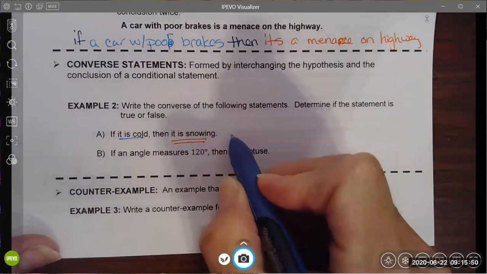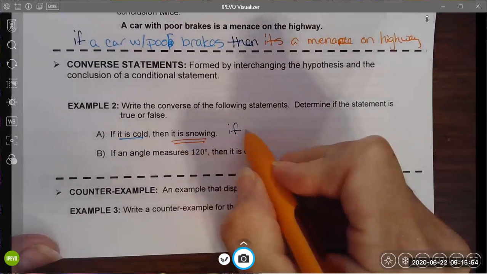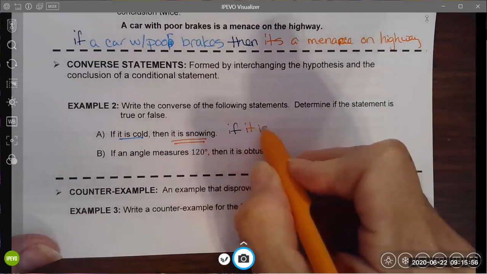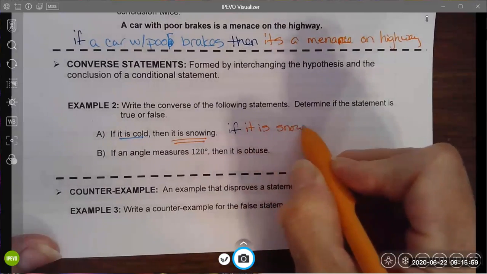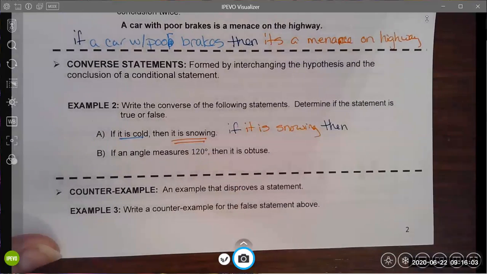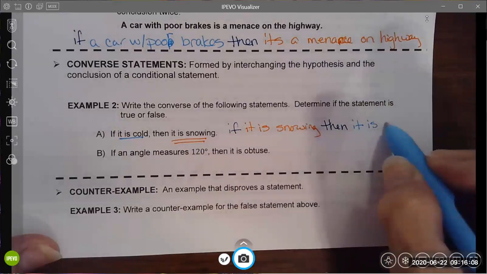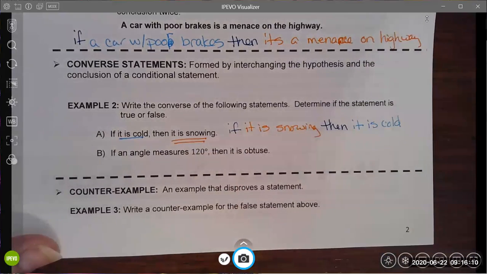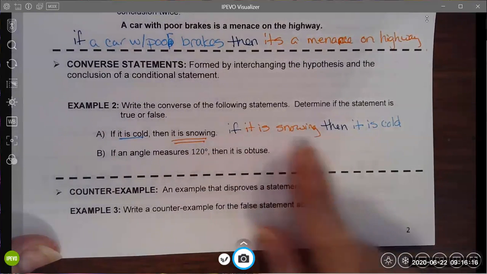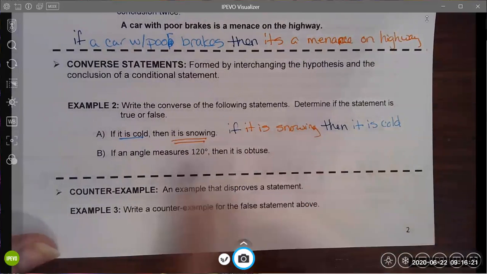The converse of this would then be, if, and I'm going to do orange because the conclusion comes next, it is snowing, then I follow with my hypothesis, it is cold. And anytime we look at a conditional or any form of a conditional, we can ask ourselves, is it true or is it false? So if it is snowing, does it have to be cold? I'll let you decide that one.